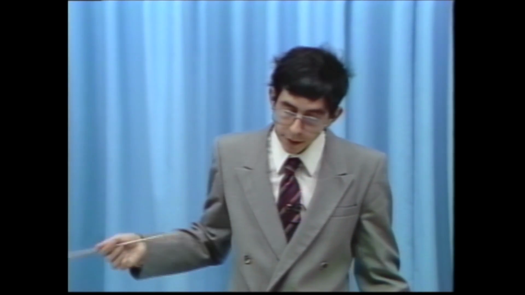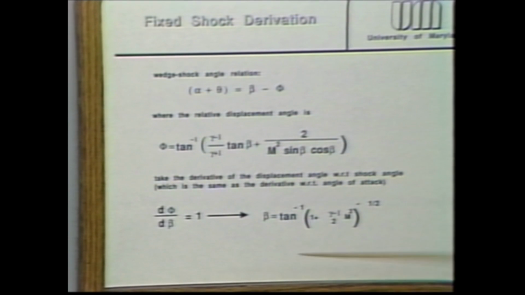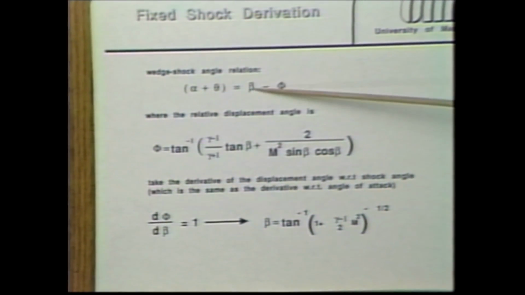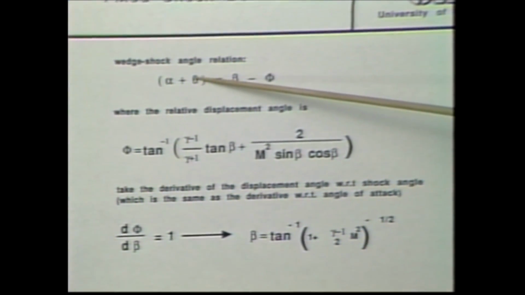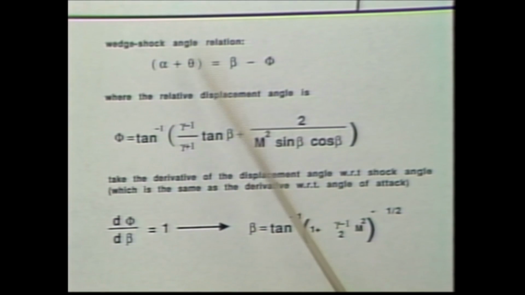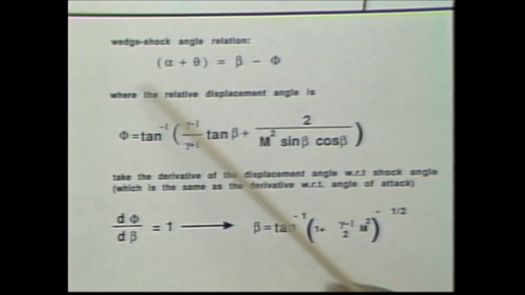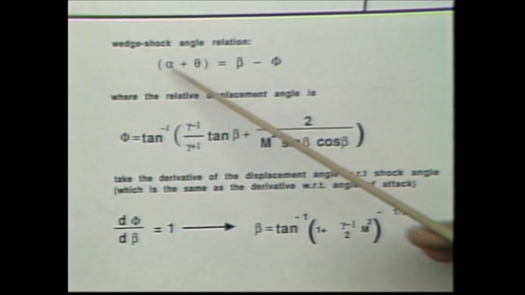If I actually look, I can derive the equations which describe that, just going to the familiar shock solutions. In the shock solutions, we can describe the relative angle between the shock, beta, and the surface, theta. And here I've added in an alpha which represents an angle of attack. As far as the shock is concerned, the angle of attack of the surface and the theta, the actual inclination of the surface, add together, because the flow only sees the effective inclination, which is the sum of these two.